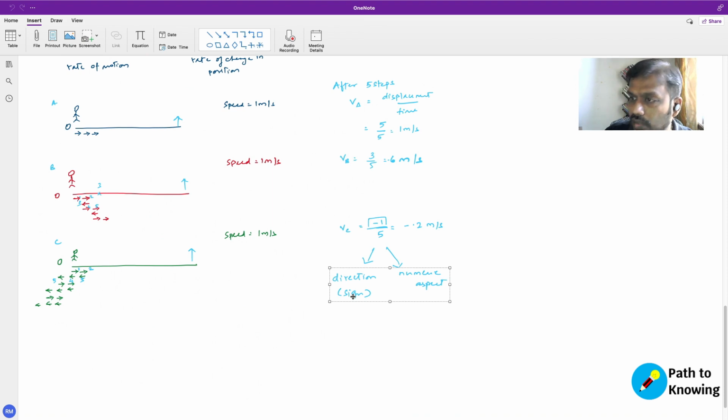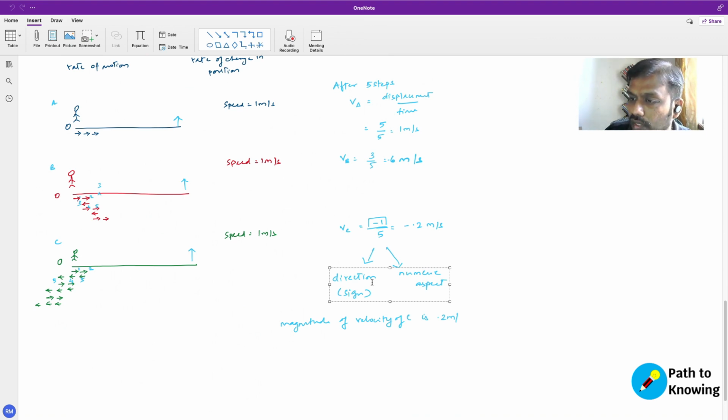Now, given this, how should we state the velocity? We should not say that the velocity of C is 1 by 5. We should rather say that the magnitude of the velocity of C is 0.2 meters per second. So this part is very important.